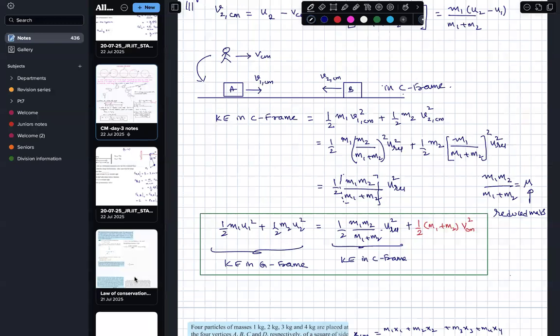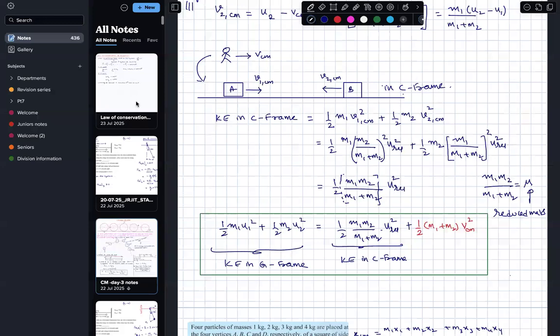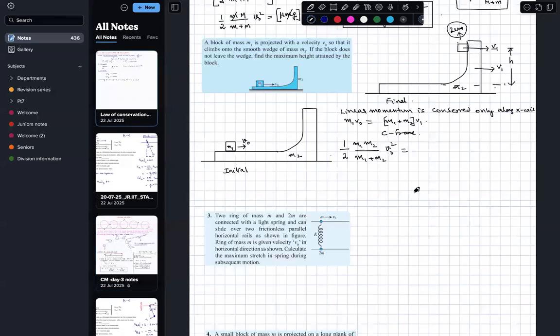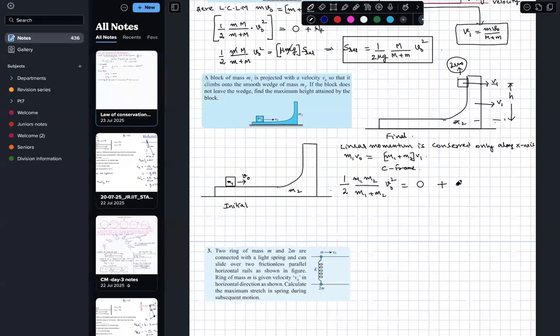In the C frame of reference, now we are moving back to our law of conservation of energy. That's what I'm applying in the C frame. This is the energy that I see. And finally, when both have the same speed, kinetic energy is zero. What happened to the entire energy? The entire energy is now in the form of potential energy, mgh.